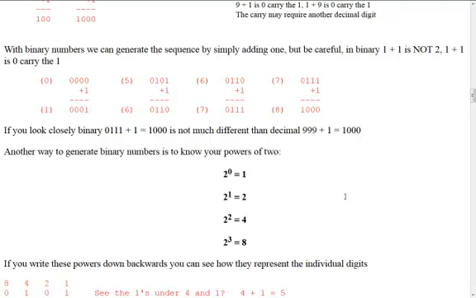And the final carry expands the number of binary digits. So binary 8 is 1, 0, 0, 0. If you look closely, binary 0, 1, 1, 1 plus 1 equals 1, 0, 0, 0. This is not much different than decimal 999 plus 1 equals 1, 0, 0, 0.